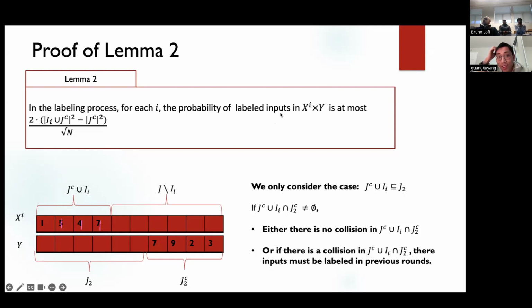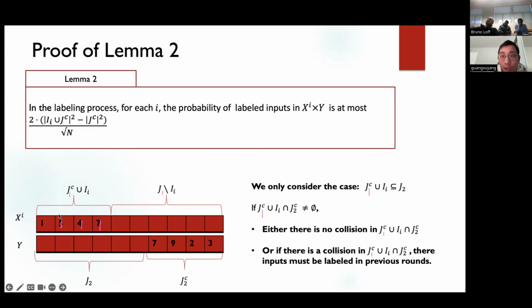So any question? Okay, we just want to prove lemma 2. Well, you're saying that the probability of adding a label is at most the number of new pairs, no?